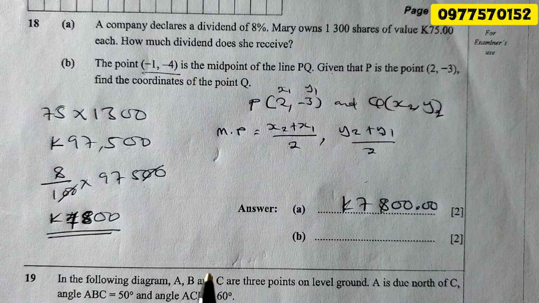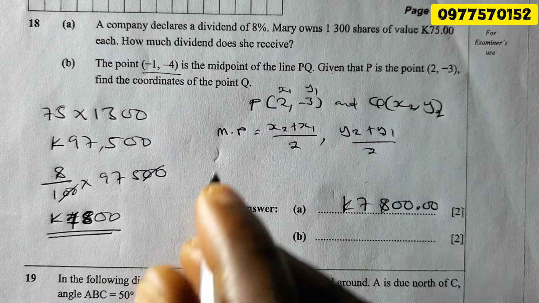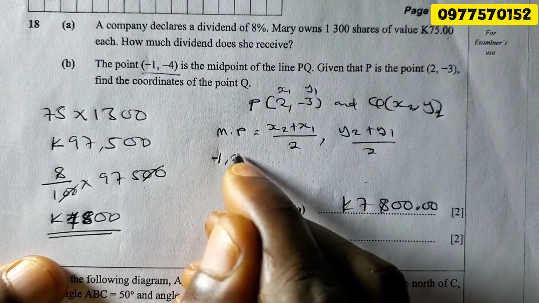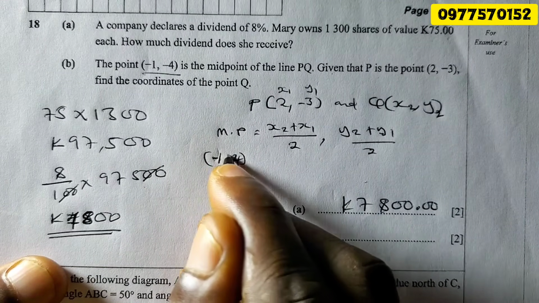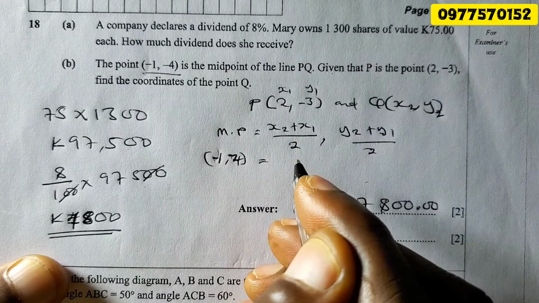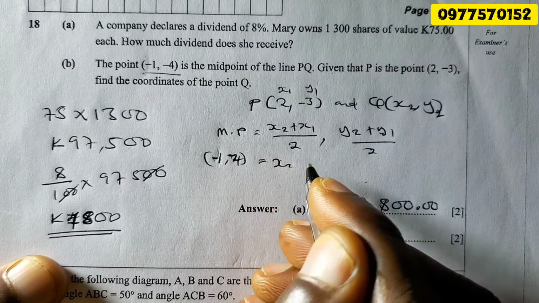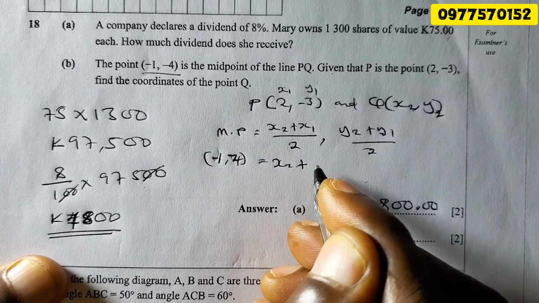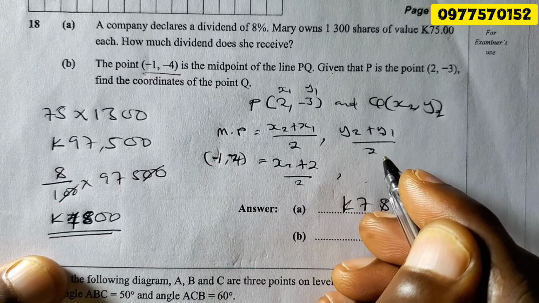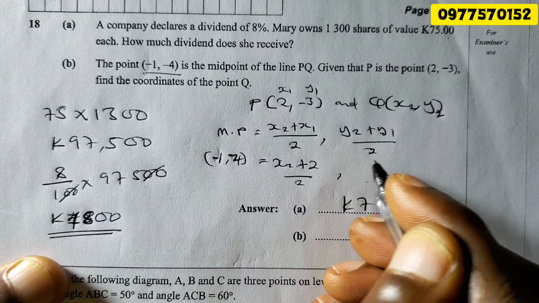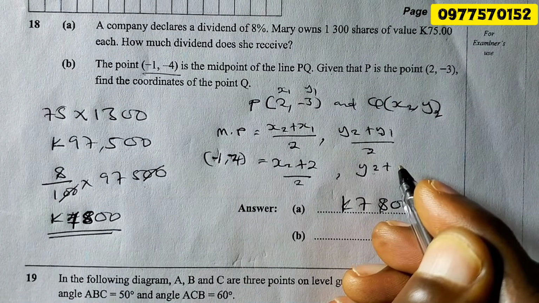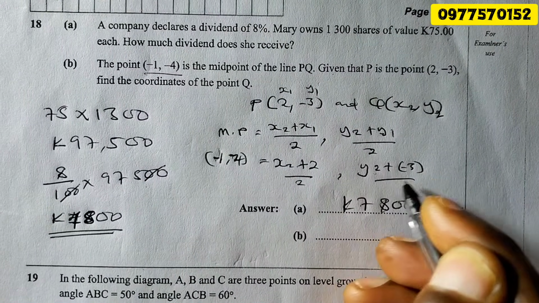Let's substitute. Where there's a midpoint, we say -1, -4 is equals to x2 plus x1, which is 2, over 2, y2 plus y1, which is -3, over 2.